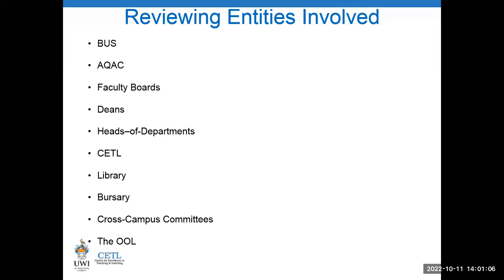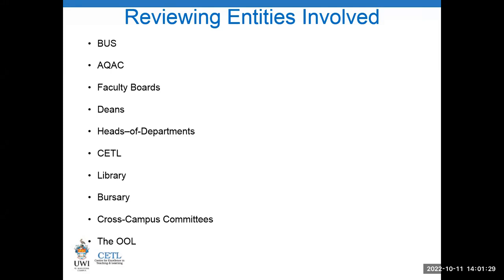The weighting of it and all those sorts of things will be in the course outlines. And then even on a program level, we look at the structure of the program. Sometimes it might be the sequencing of the courses that comprise the program, the credit weighting, and so on. So we look at a lot.